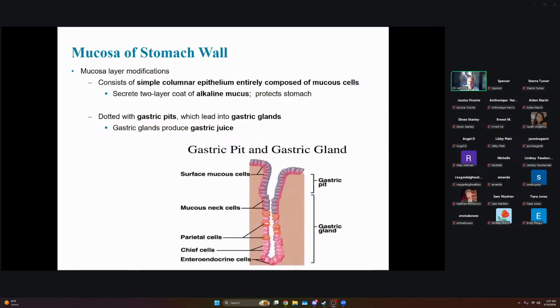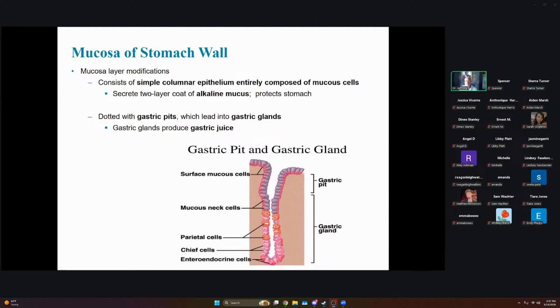All right, the second variation within the stomach versus the rest of the alimentary canal is the innermost lining. If you remember back to Tuesday, the mucosa was the innermost lining of the alimentary canal as a whole. Okay, that still remains true.